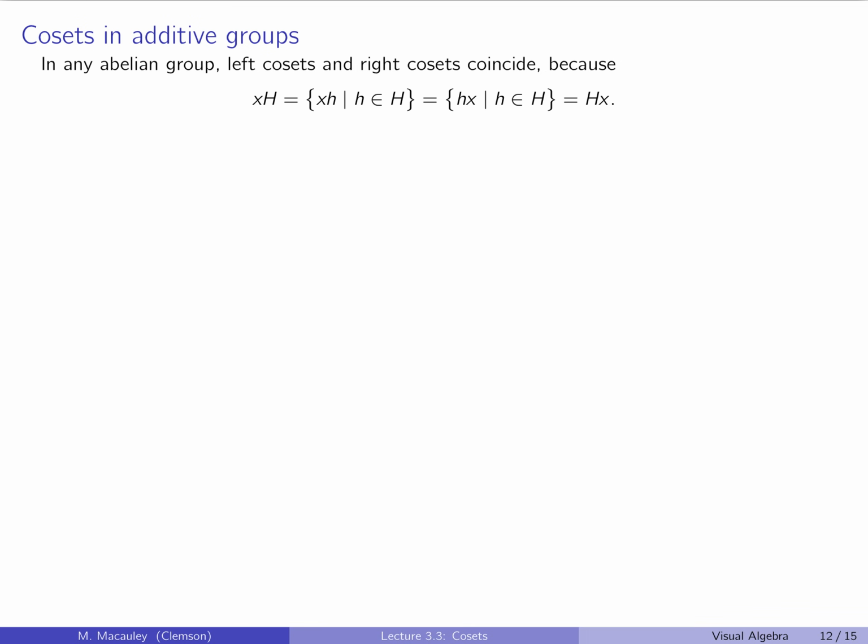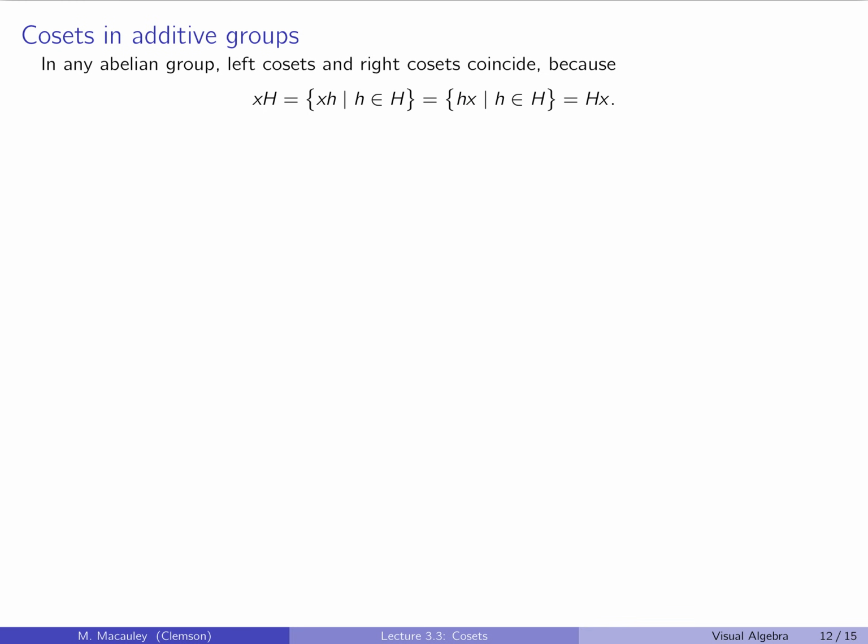Let's now turn our attention to abelian groups. In any abelian group G, left cosets and right cosets coincide. Why is that? Well, the left coset xH is just the set of products of the form x times little h. But if G is abelian, then we can swap the order and write that as little h x.